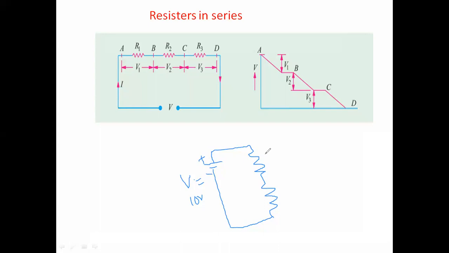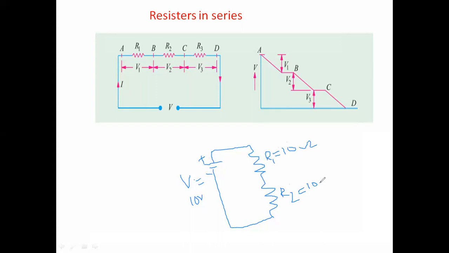This is the resistor R1, with a resistance of 10 ohms. This is the resistor R2, with a resistance of 10 ohms.